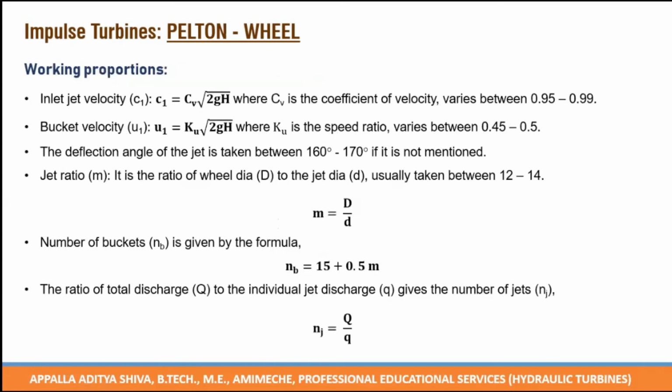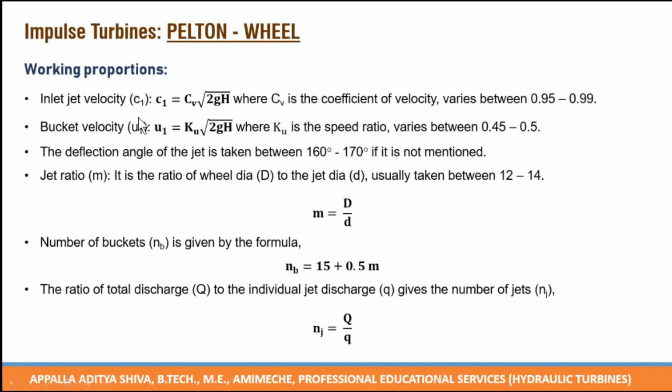Next, in practice, we have something called working proportions. That is, what sort of thumb rules do engineers follow in order to design the Pelton wheel? So we have the inlet jet velocity as Cv into root 2gH. Cv is the coefficient of velocity, which varies between 0.95 and 0.99.